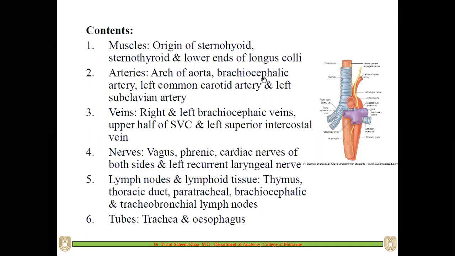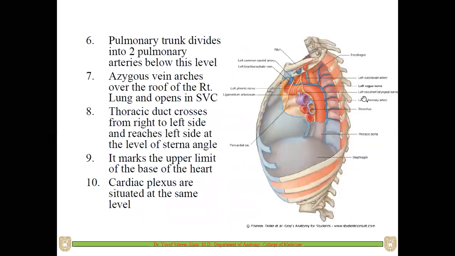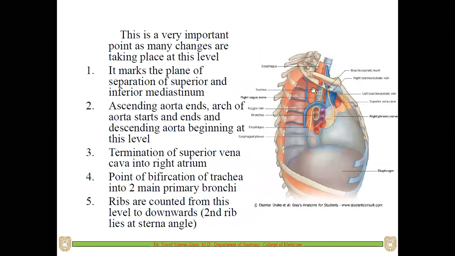Then the brachiocephalic artery, the left common carotid artery, and the left subclavian artery. All these are branches from the arch of the aorta, which gives many branches. Here you can see the left subclavian artery, the left common carotid, and the brachiocephalic trunk.